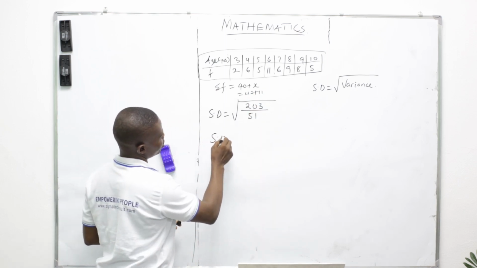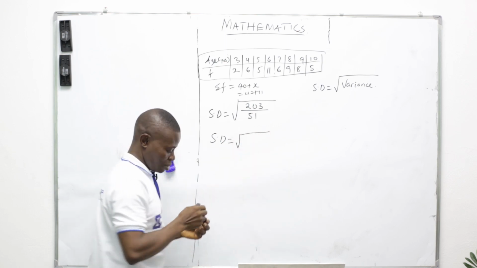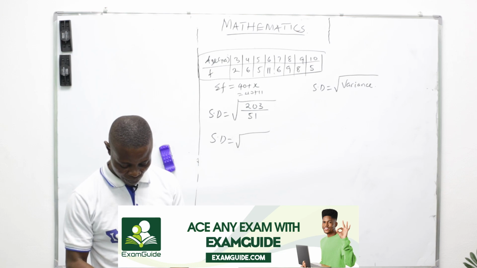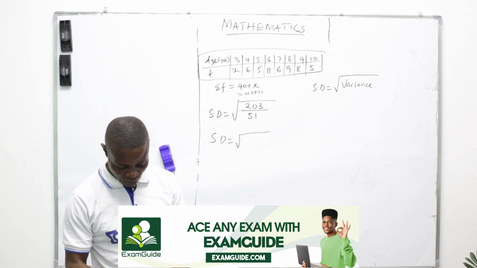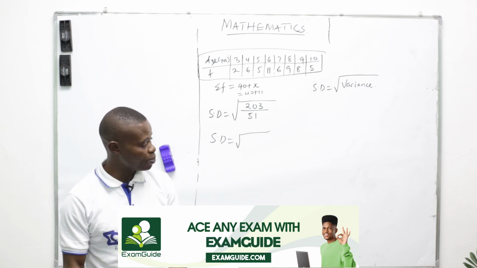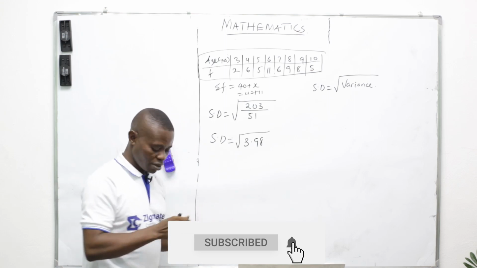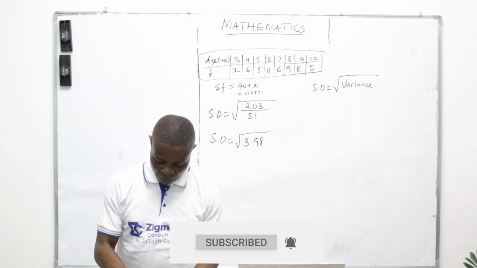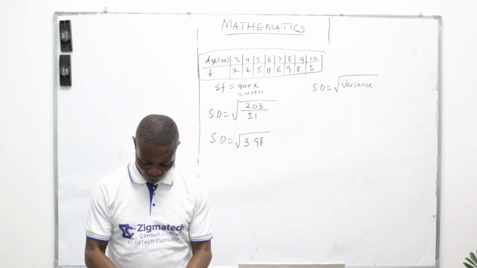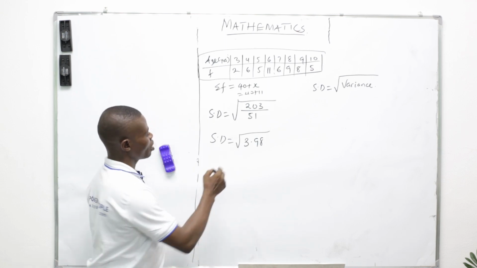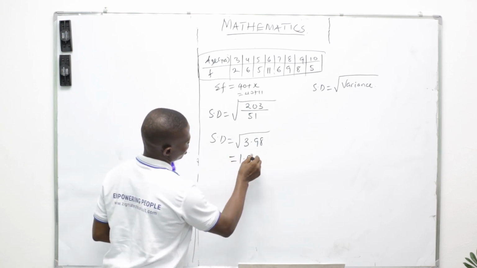So standard deviation equals the square root of 203 all over 51, 3.98. Square root of 3.98, 1.99.